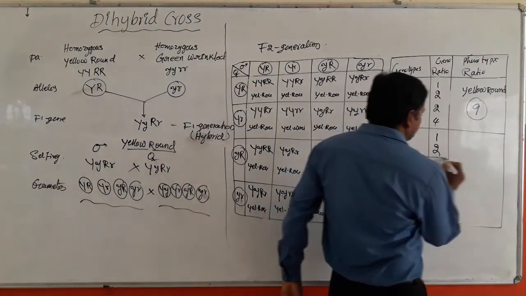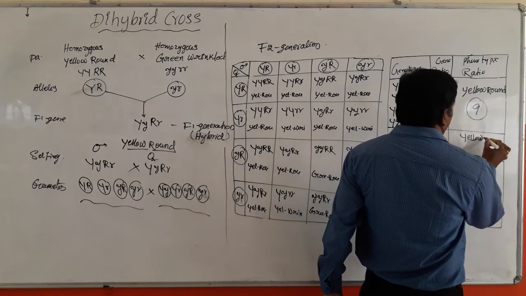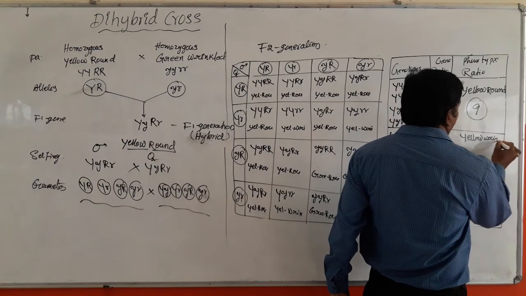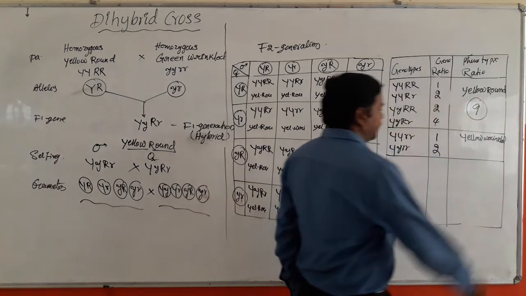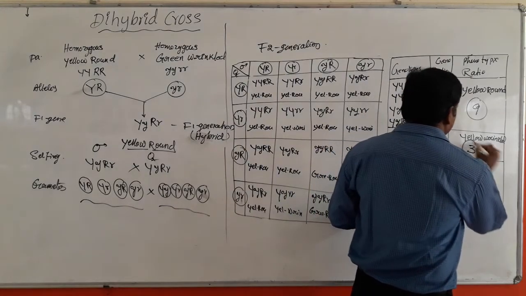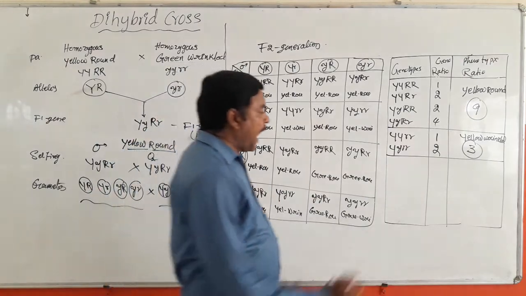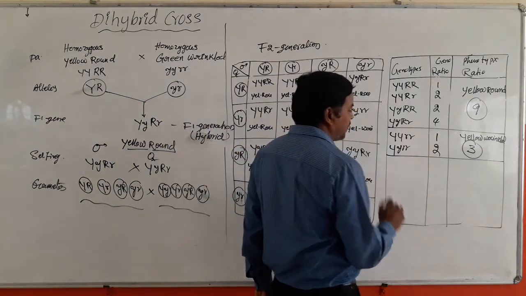And these plants are yellow wrinkled. How many yellow wrinkled plants are there in this table? That is a total of 3 plants. Okay, and how many green rounds are there?